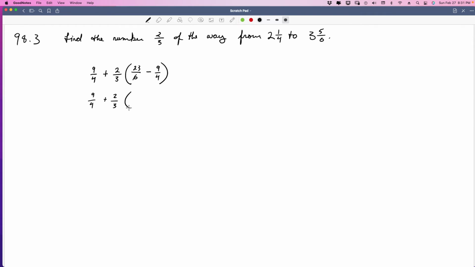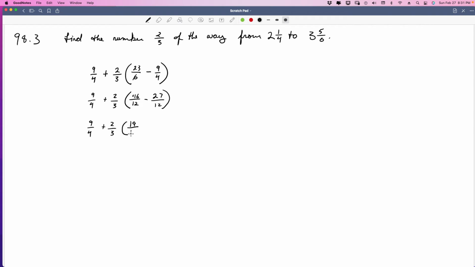And now we have to find a common denominator, which will be 12. So we need to multiply this by 3 and this by 2. So that's going to be 46 over 12 minus 27 over 12.